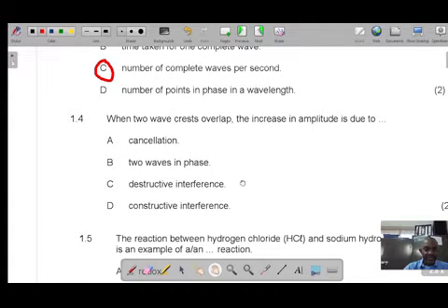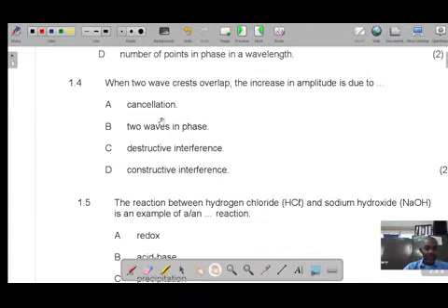Then 1.4, what does it say? Now 1.4 says that when two wave crests overlap, the increase in amplitude is due to what? Now the two crests look like this one here. When they overlap, like this crest here overlaps with this other one here, what do we get?